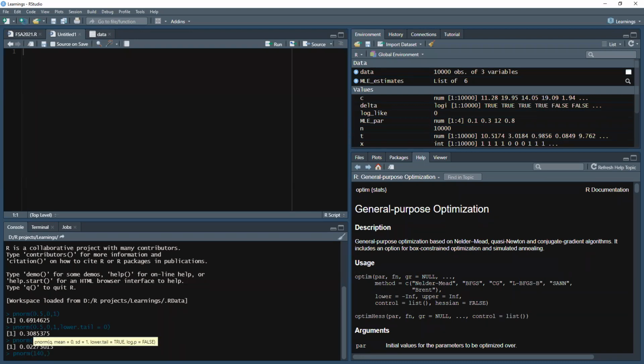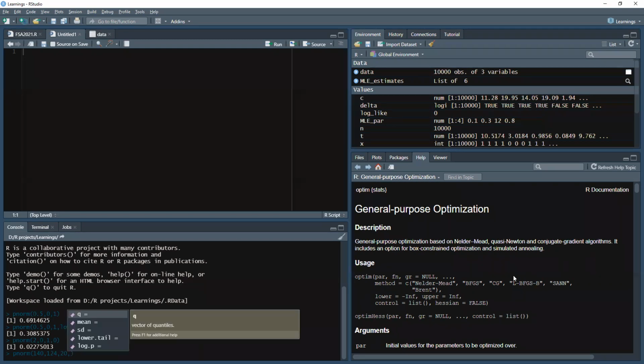140. Mean was, let's come back, mean was 124, and standard deviation was 20. If you guys forgot which parameters to put, in RStudio specifically, you can press tab and it will suggest the parameters that you can fill in.